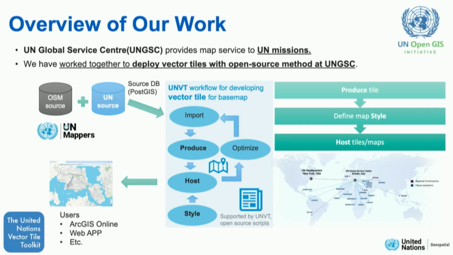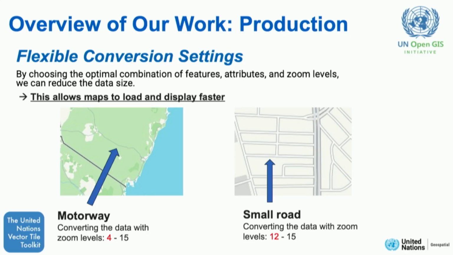This ensures accessibility for users across various platforms such as ArcGIS Online and other web applications. Our main tasks are producing tiles, defining map styles, and hosting tiles or maps. From now on, I'll go into more detail about each task: production, styling, and hosting.